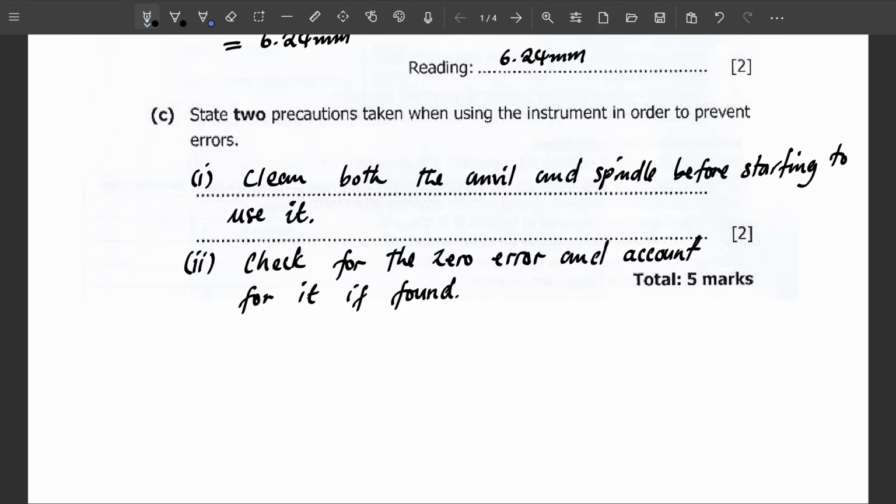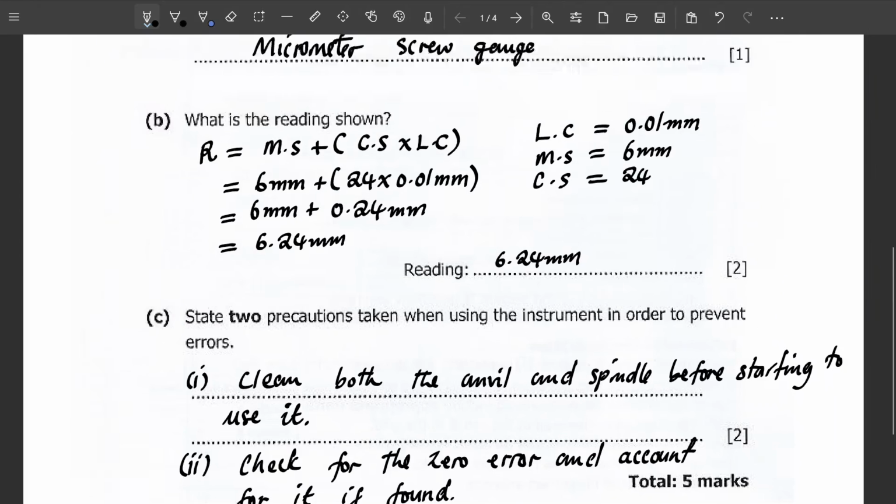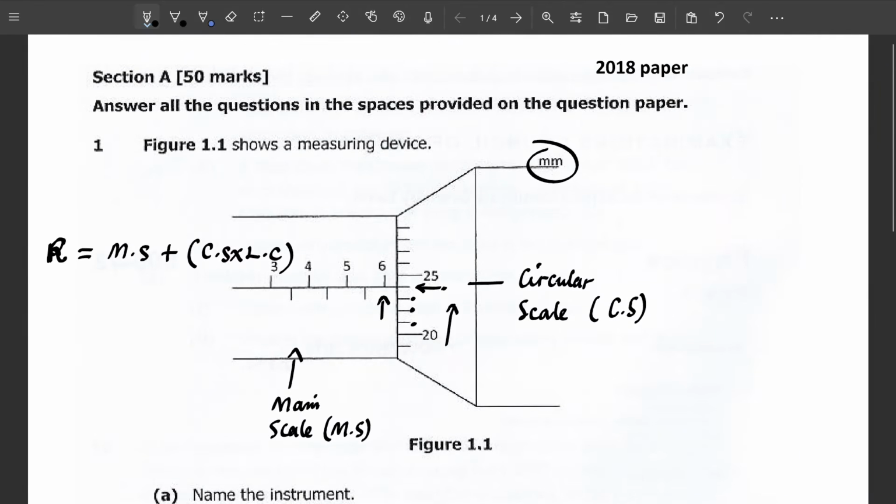Maybe you subtract it from the final reading if the zero error was positive, or you add a value to the final reading if the zero error was negative. Again, you can also read the scale at the right angle to avoid parallax error. Okay, so this is how you should have answered this question.